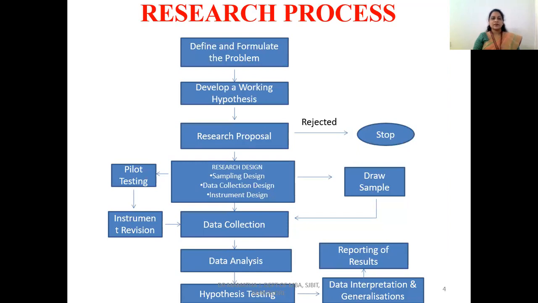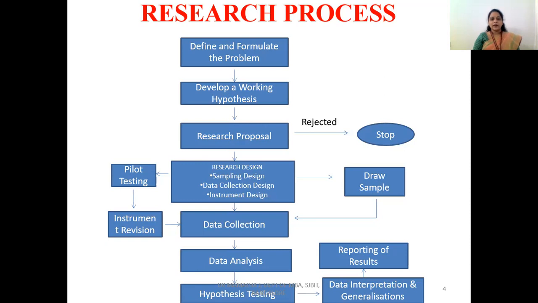The first step is defining and formulating the problem. Second step is developing a working hypothesis. Third is developing a research proposal. Once the proposal is ready, you can start planning the research methodology. Once the research methodology is prepared, pilot testing can be done, and improvements can be made in the instruments we have planned to collect the data.